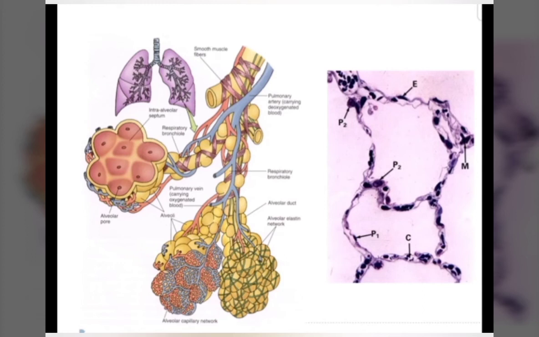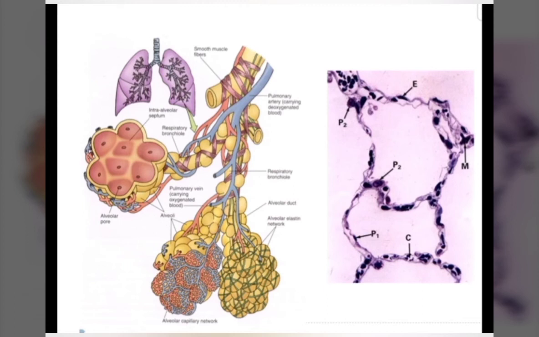A pulmonary alveolus opens into a respiratory bronchiole, an alveolar duct, or an alveolar sac. Because of the interdigitating arrangement and tight packing, each alveolus does not have a completely separate wall. Rather, adjacent alveoli are separated from each other by an interalveolar septum.